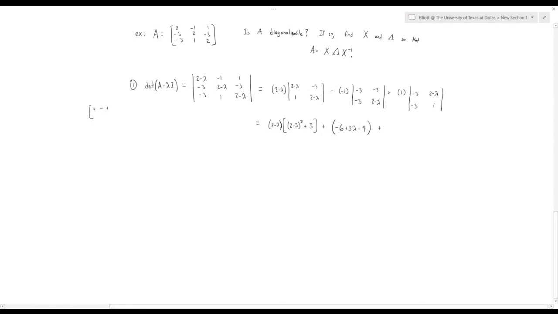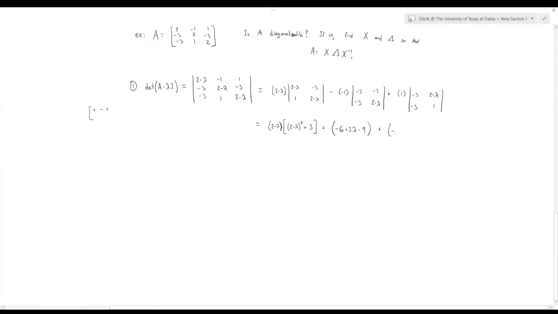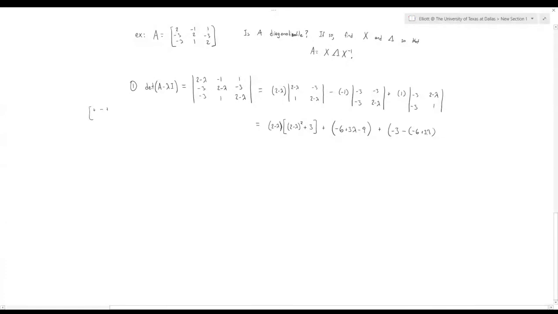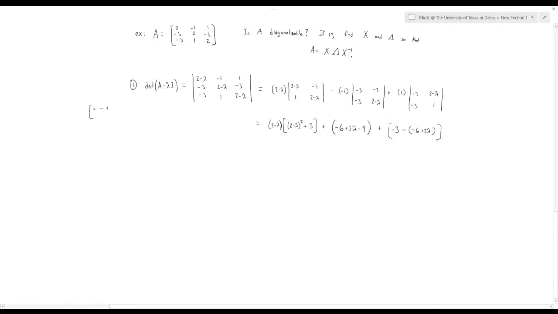For this one here, the determinant will be negative 3 minus these two multiplied together. So it'll be minus, if I distribute, minus negative 6 and plus 3 lambda, like that. And let me see what we have out here first.